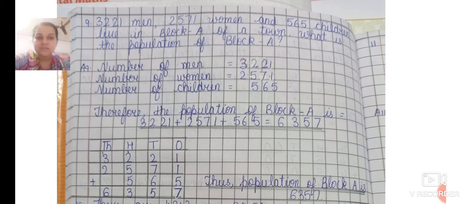So you will write, therefore the population of block A is equal to 3221 plus 2571 plus 565. You have to arrange these numbers in the correct columns and you have to add these numbers. When you add these numbers, you get 6357.